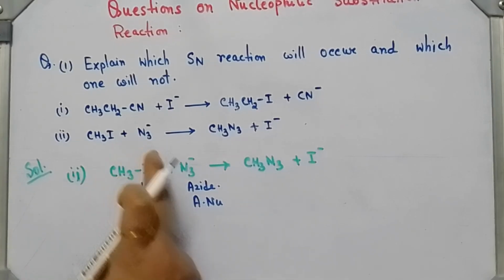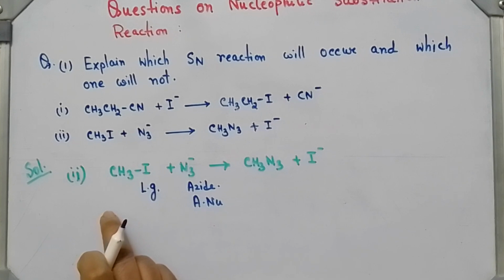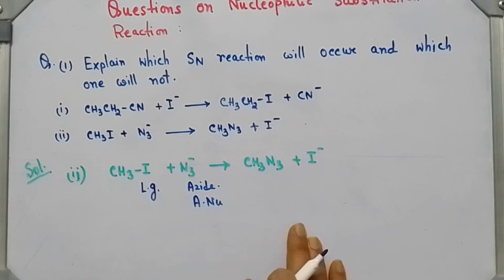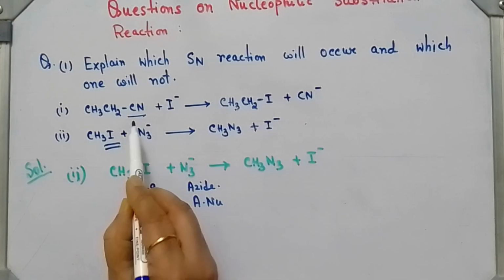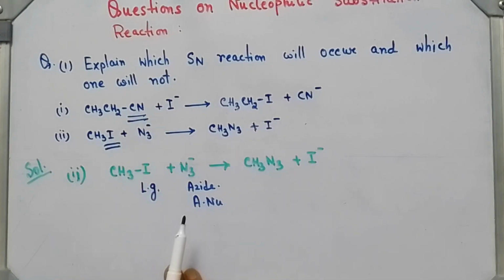So it leaves and it attacks here. So this reaction is possible because iodide is good leaving group due to its better polarizability. So here what you have to check, whether these leaving groups are good leaving group or not.